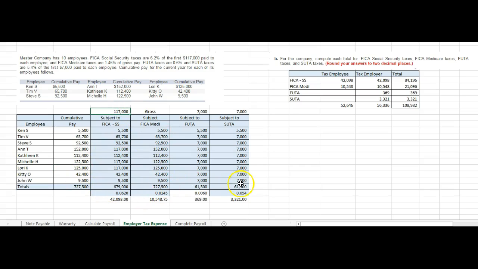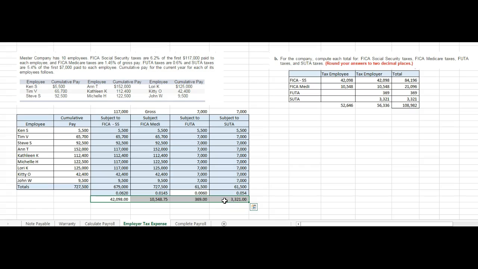When you get all done, you add this up, and you multiply it by the rate. So this one is 6.2%, this one's 1.45%, this one's 0.6%, and this is 5.4%. And then this becomes the amount that the employer has to pay for payroll tax expense.